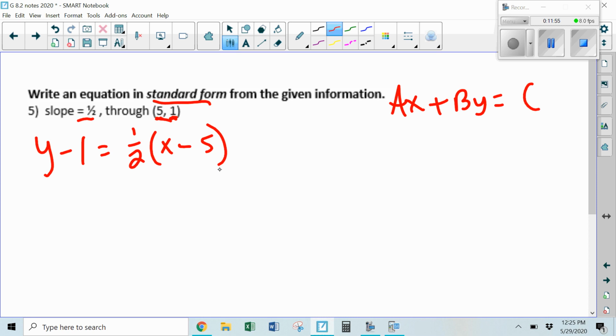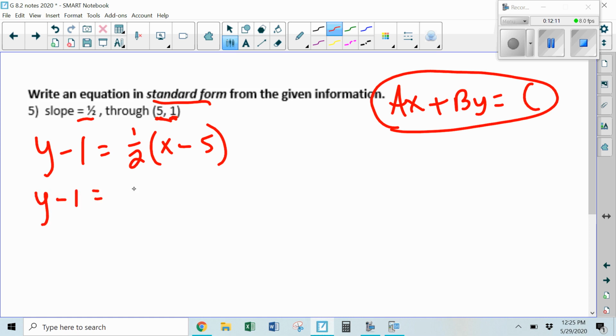Great, now we are ready to get it into this form, which we haven't done before, so we'll work through it together. Essentially, you want your x and your y value on the same side. Right now, my x is over here on the right, and my y is on the left. First, let's distribute the 1/2. So that's 1/2 x minus 5/2.